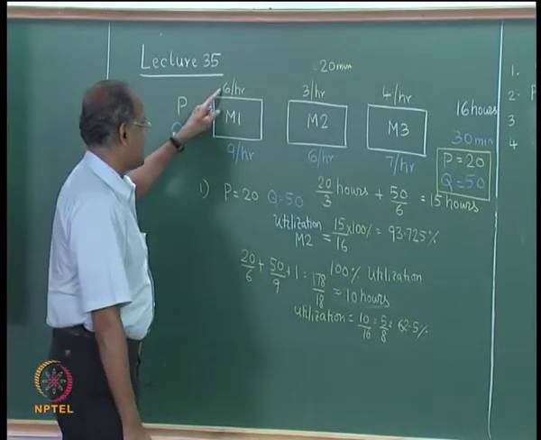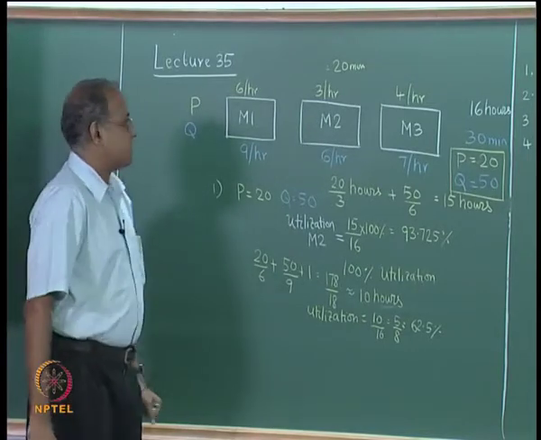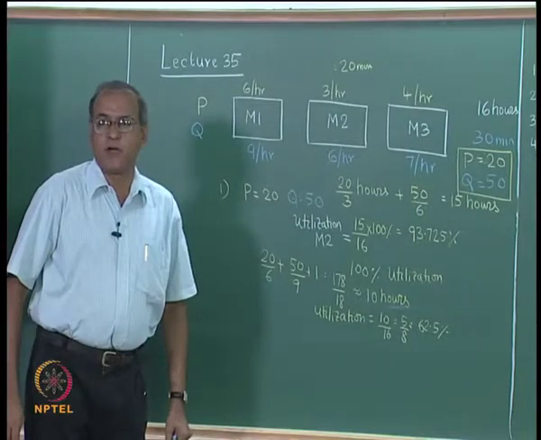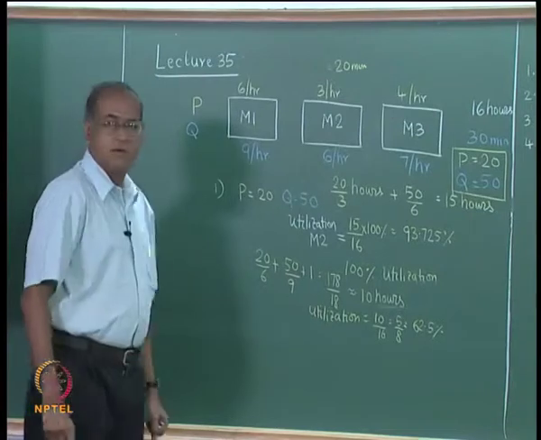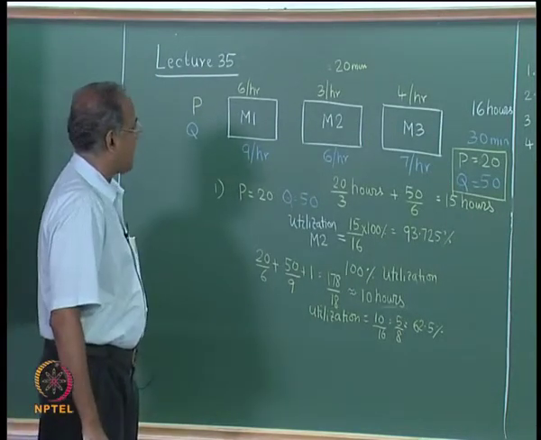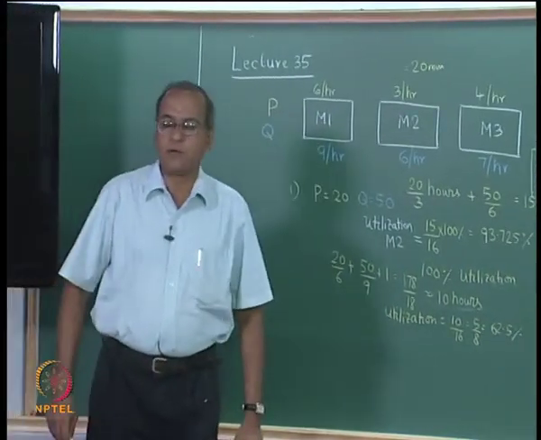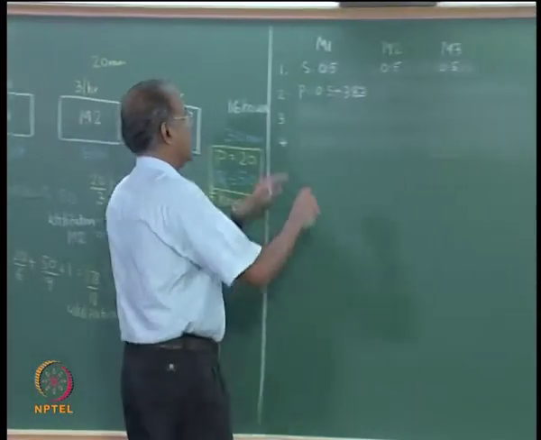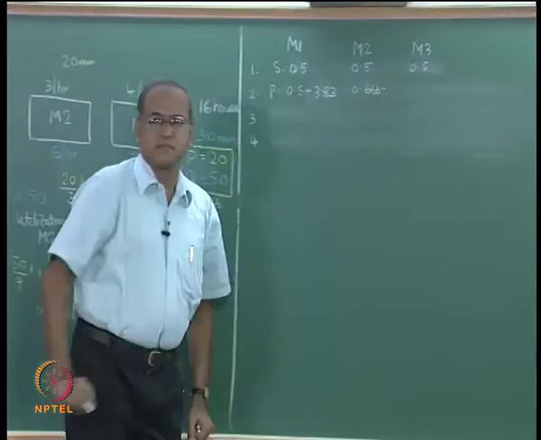Now, since it is doing 6 per hour, the first piece will take 10 minutes. Ten minutes is 10 by 60, 1 by 6 hour, which is 0.166 hour. So, the first piece will come out at 0.5 plus 0.166, which is 0.666.